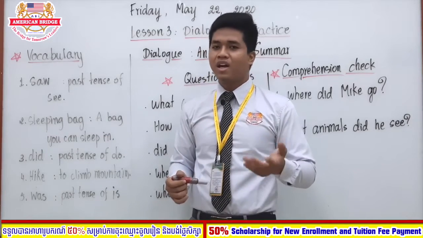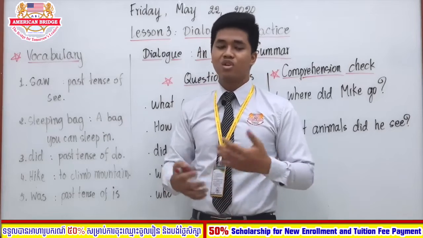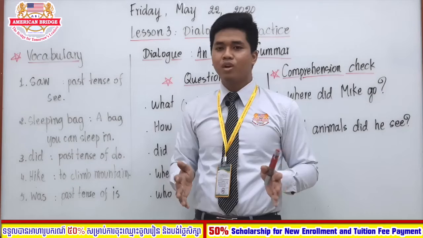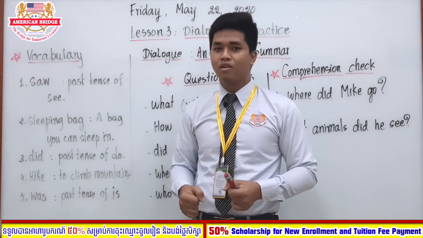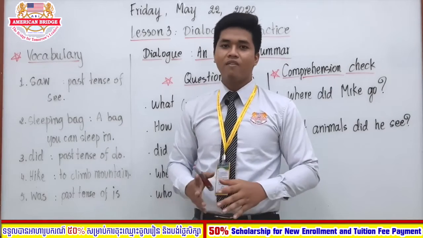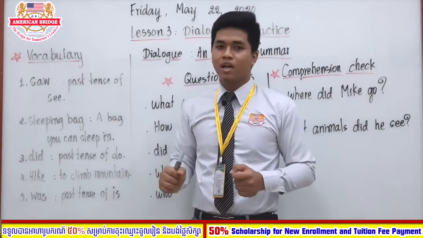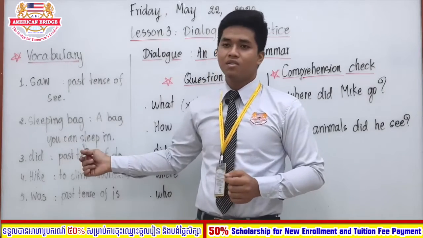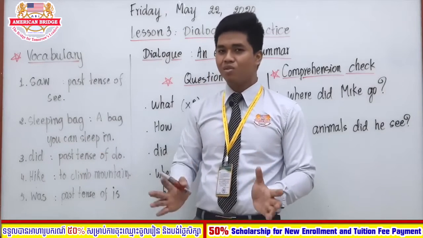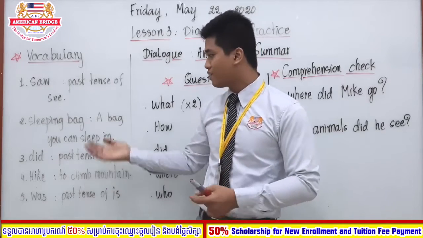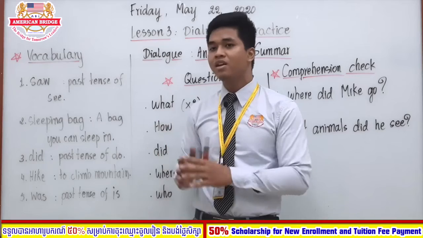If you like camping, if you go or travel a lot, you have a sleeping bag. You can see some people riding a bicycle, or those riding a big motorbike across the country, they have a very big backpack, and in their backpack there is a sleeping bag. So they don't need to go to a guest house or a hotel to sleep at night. They just prepare their sleeping bag and they can sleep in that.